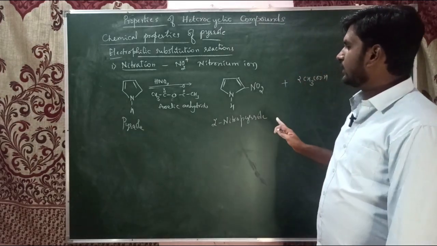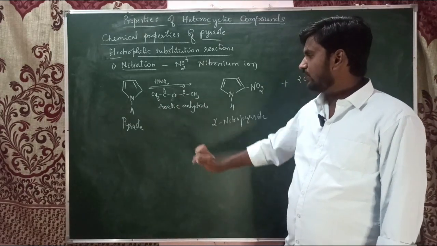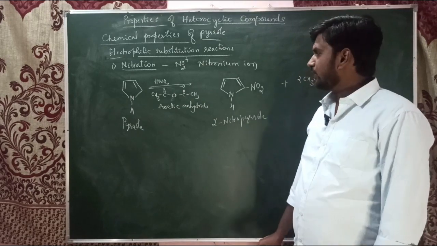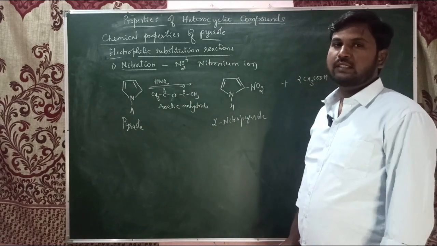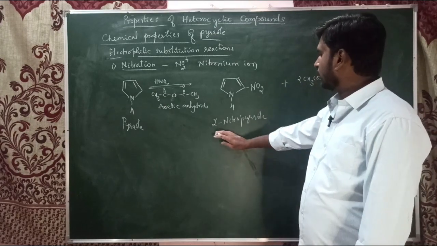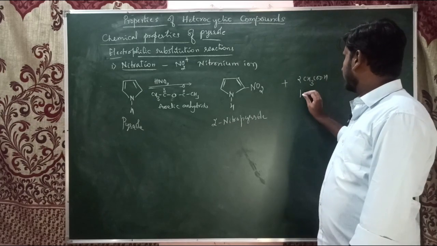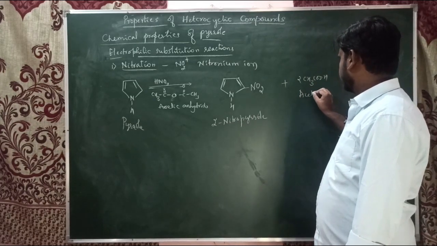So when pyrrole is treated with nitric acid in the presence of acetic anhydride, it readily undergoes nitration, an example of an electrophilic substitution reaction, to give us 2-nitropyrrole. This is a byproduct, acetic acid.